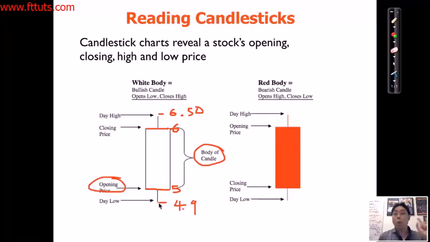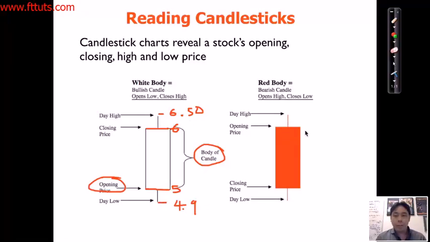That's represented by the lower shadow. Okay? So simple enough. When you see a bullish candle, how do you read the candle? Well, the opening price is at the base of the body of the candle. The closing price is at the top of the body of the candle. The high is at the upper shadow and the low is at the lower shadow.